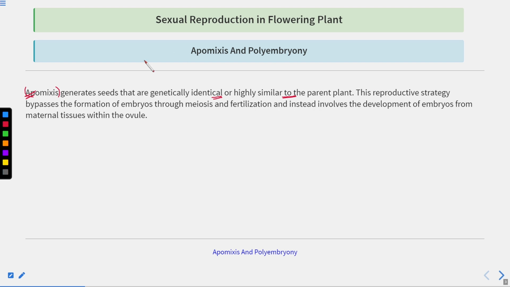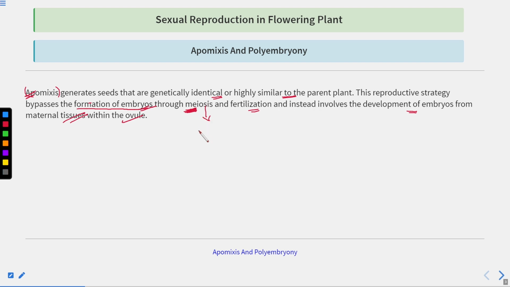Now this reproductive strategy bypasses the formation of the embryo through meiosis and fertilization, and instead involves the development of the embryo from the maternal tissues within the ovule. Clear? So this kind of strategy bypasses the formation of the embryo through meiosis. So what happens? There is no fertilization, there is no fusion of gametes. Gametes are formed through meiosis.